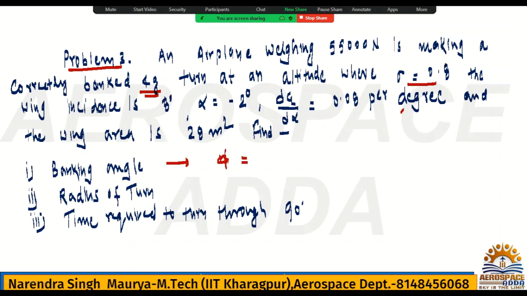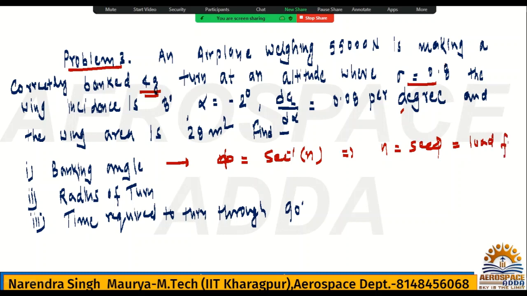Phi is nothing but sec inverse of n, because n is nothing but sec phi, which is the load factor. So you can calculate the banking angle in this way.